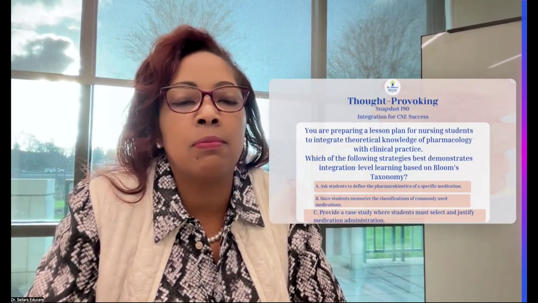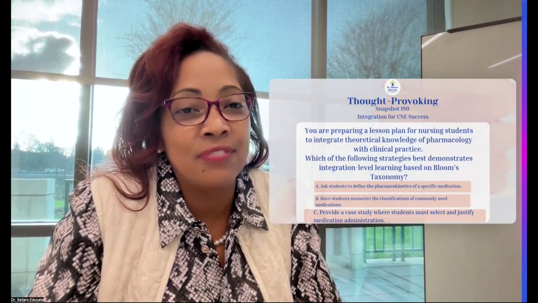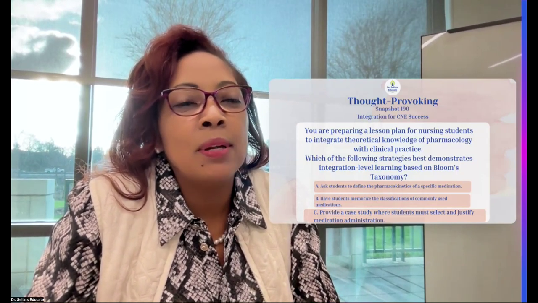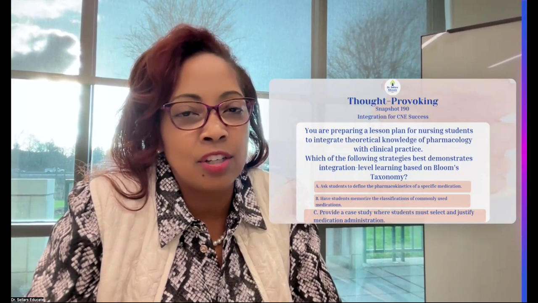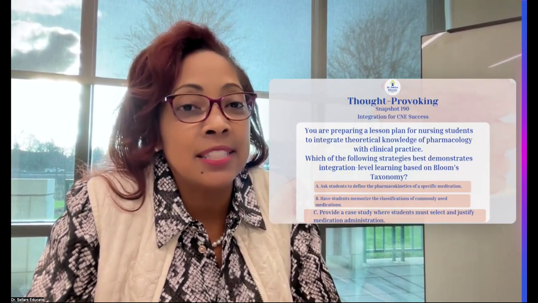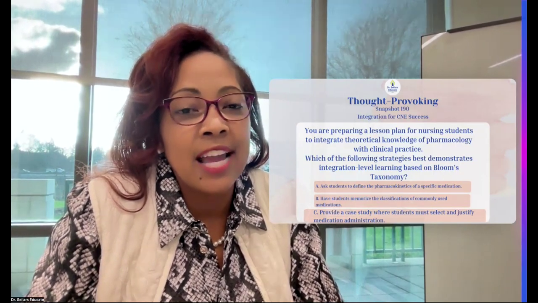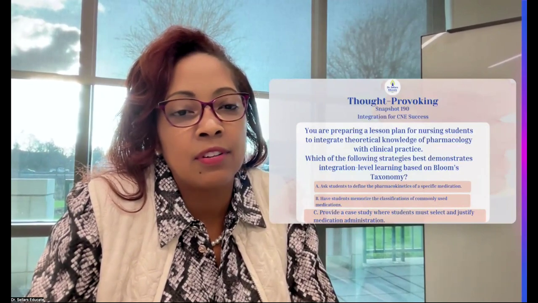Okay, so yes, we're going to be able to validate that students are knowledgeable about the pharmacological effects of medication. However, when we really want to engage in that integration, the student's ability to apply the concepts to make decisions about the knowledge that they have, that's when we're tapping into that higher level of integration.